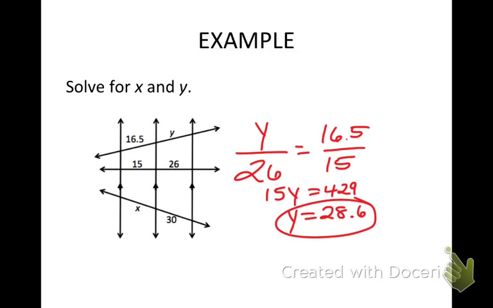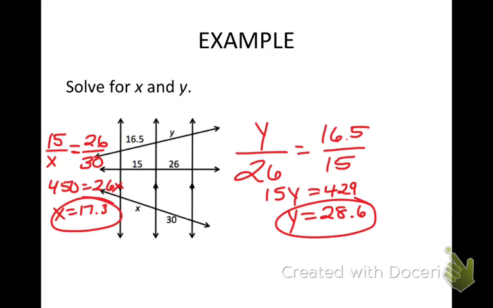Give me a ratio for x. Perfect. So we could do 15 over x is equal to 26 over 30. So 15 times 30 is 450 equals 26x, divided by 26, 17.3.